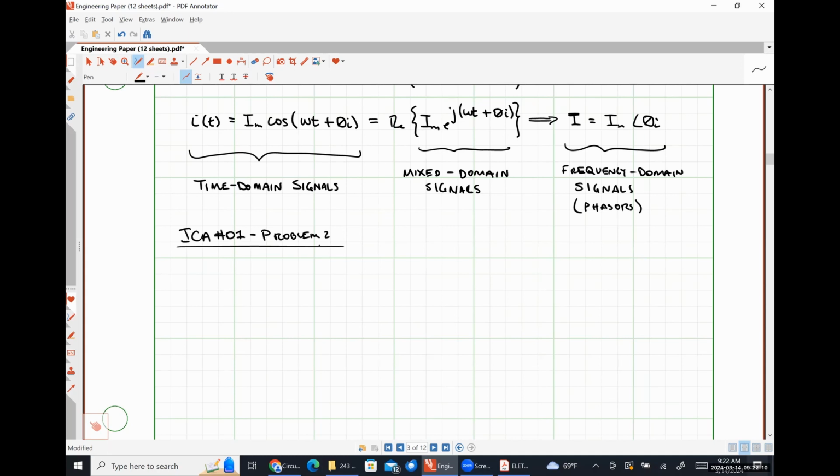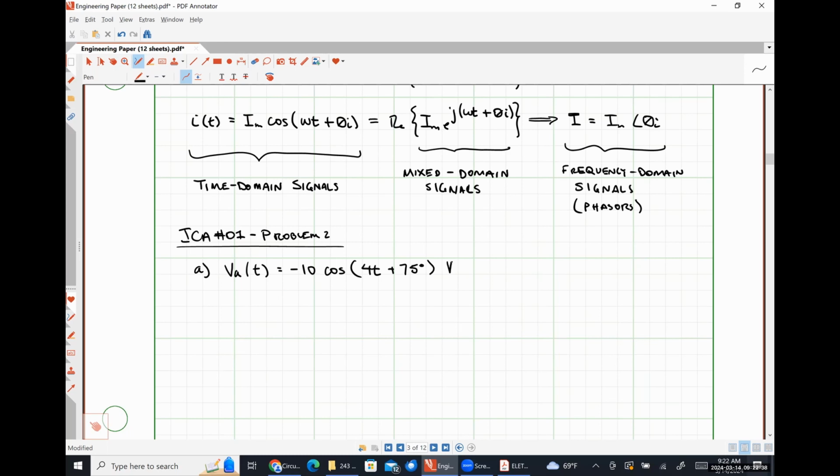Okay, so if we look at part A here, where we're given v_A of t is equal to -10 cosine 4t plus 75 degrees volts.